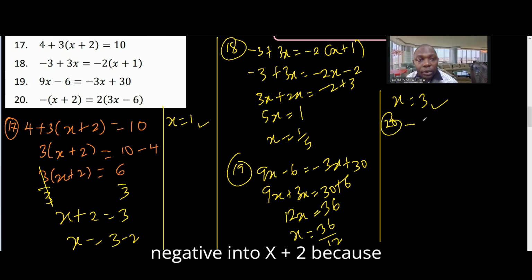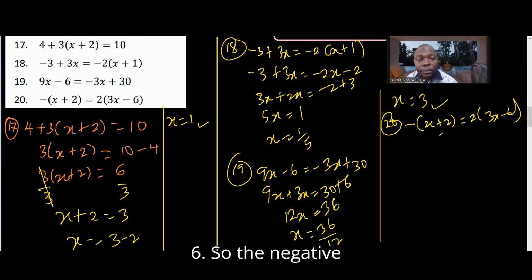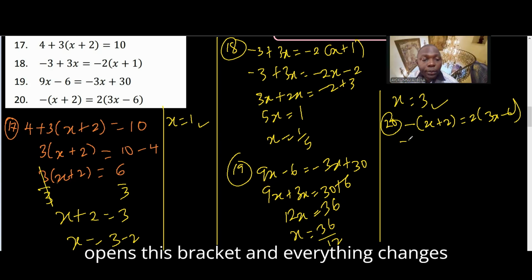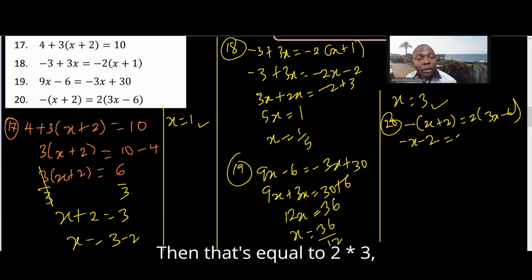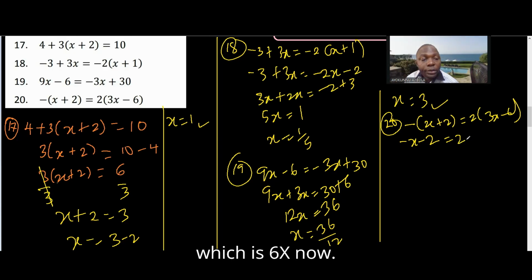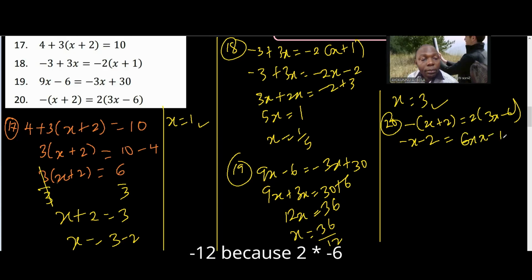We have negative into x plus 2 equals 2 into 3x minus 6. So negative opens this bracket and everything changes to negative, okay? Yes. Then that's equal to 2 times 3, which is 6x now, minus 12, because 2 times negative 6 is minus 12.